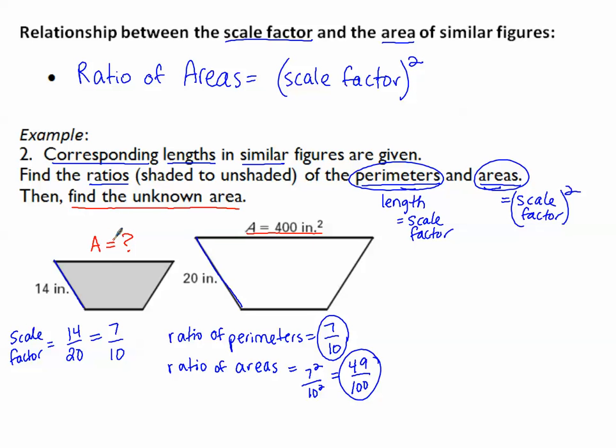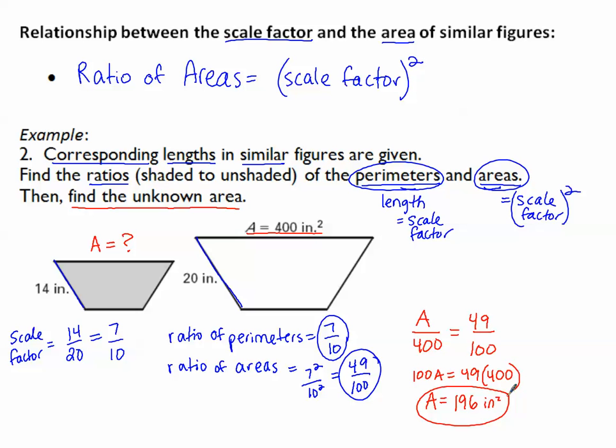Maybe we write A for area over the area that we know and the ratio that it's supposed to be equal to, 49 over 100. How do we solve a proportion? Cross multiply. Let's do it. 100A equals 49 times 400, and solving for A, 196 inches squared. So there's the unknown area.